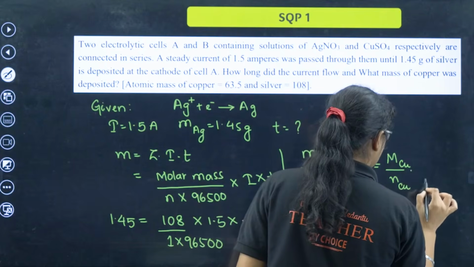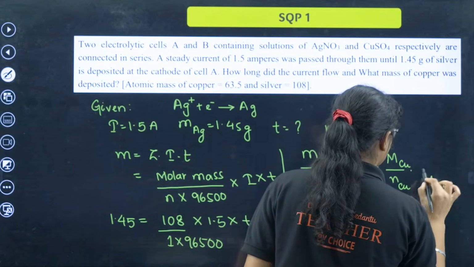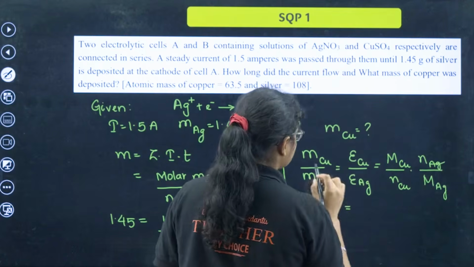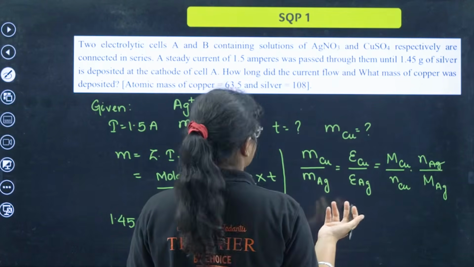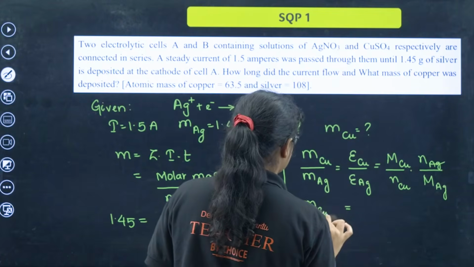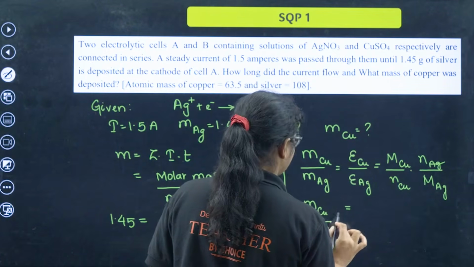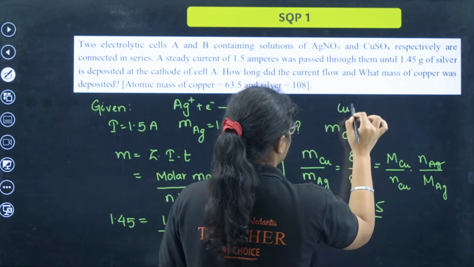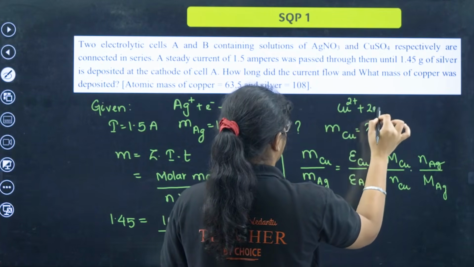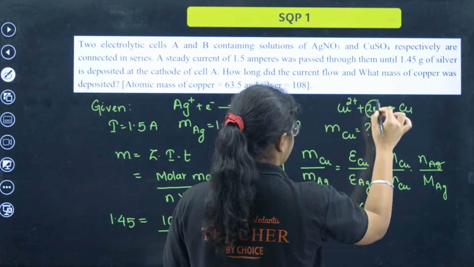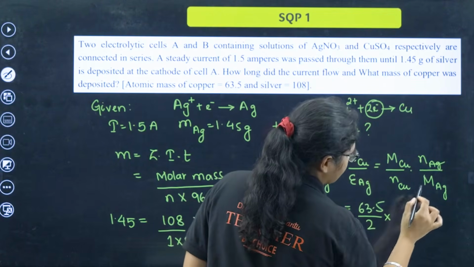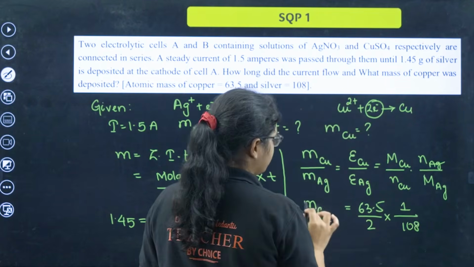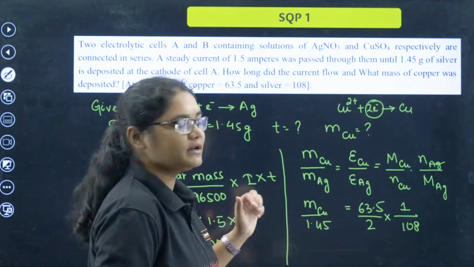The mass of silver deposited is 1.45, the molar mass of copper is 63.5, and copper gets reduced by gaining 2 electrons, right? So the n factor should be 2 here, and then we have the molar mass of silver 108, with n factor 1. Now calculate this to get the mass of copper deposited.